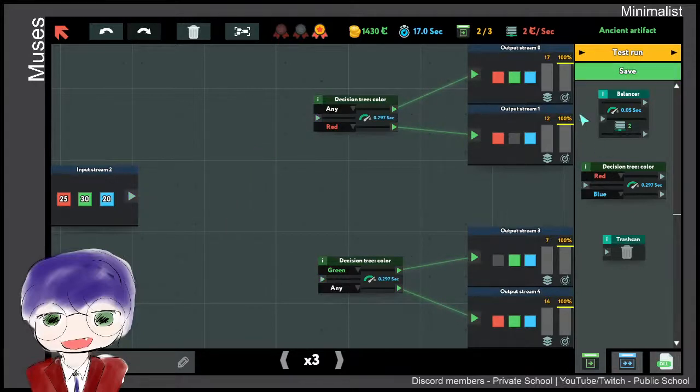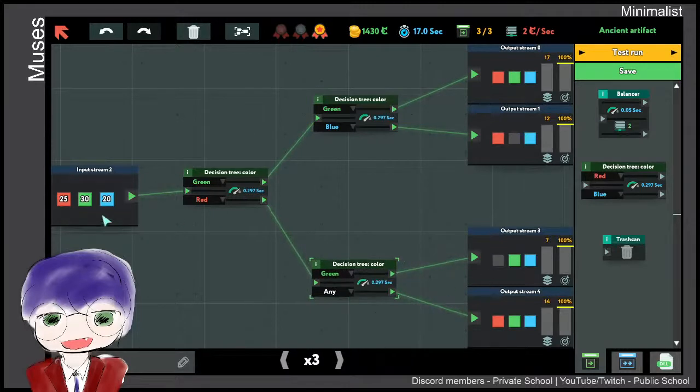So what if we did it a different way? Green goes up top, and blue goes on the bottom, and it doesn't actually matter. We'll send green up there. We'll send red down here, which means green all goes up there, red all goes down here, and blue gets split evenly between them.